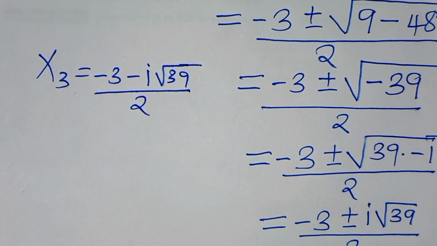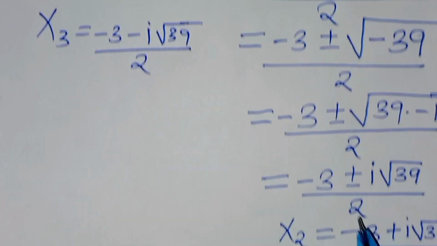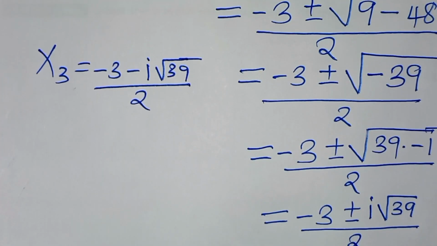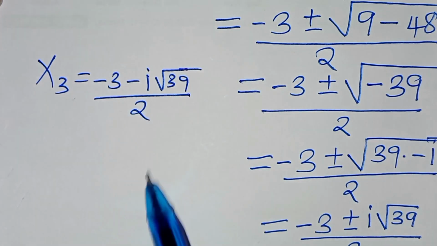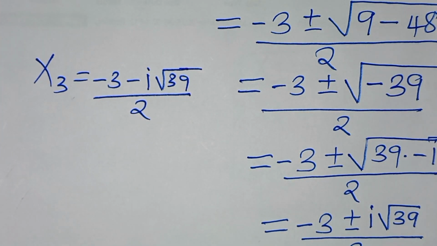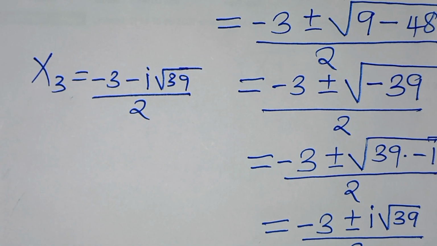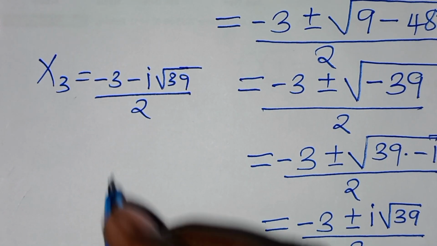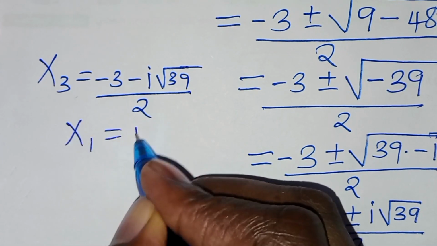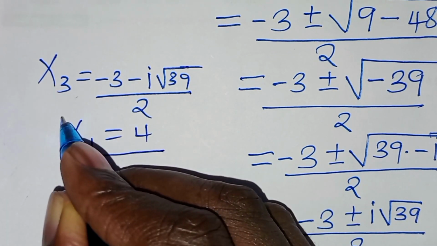So in this case, we have two complex solutions, that is x2 and x3. These are two complex solutions and only one real solution. We only have one real solution, which is x1, equal to 4. So this is the only real solution that we have.